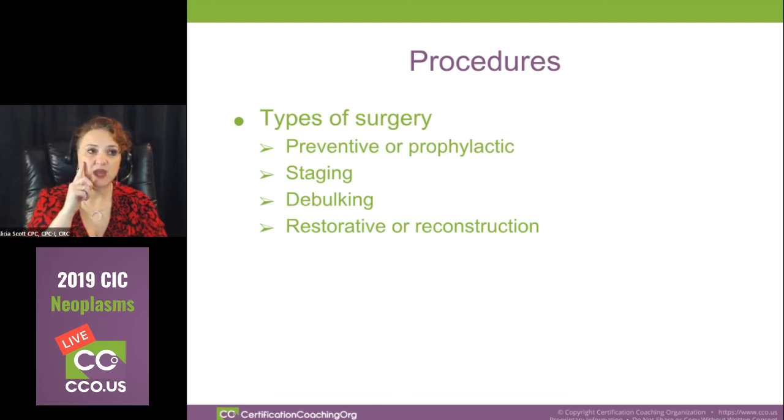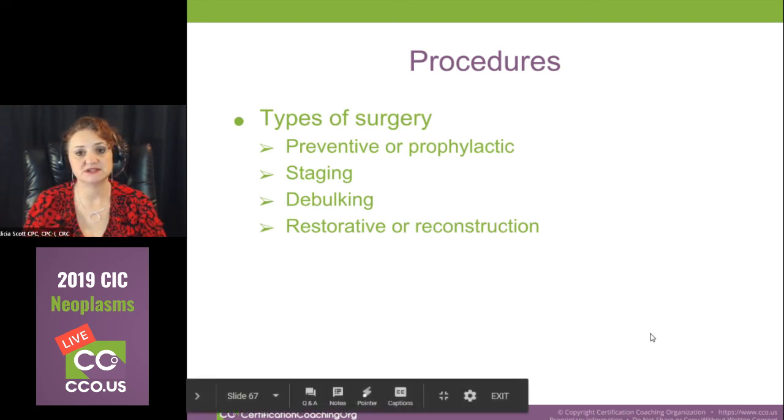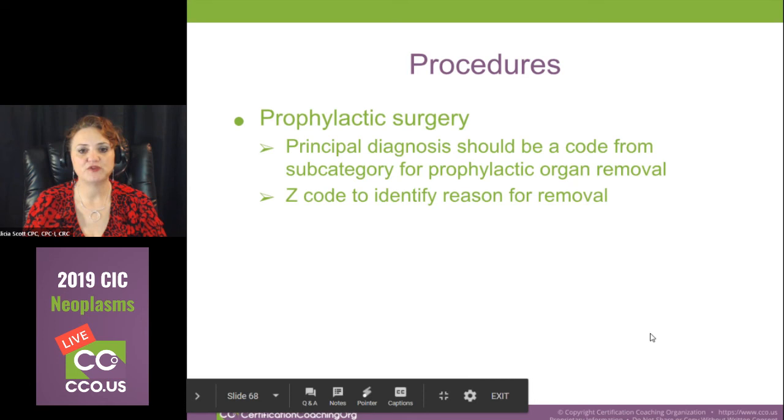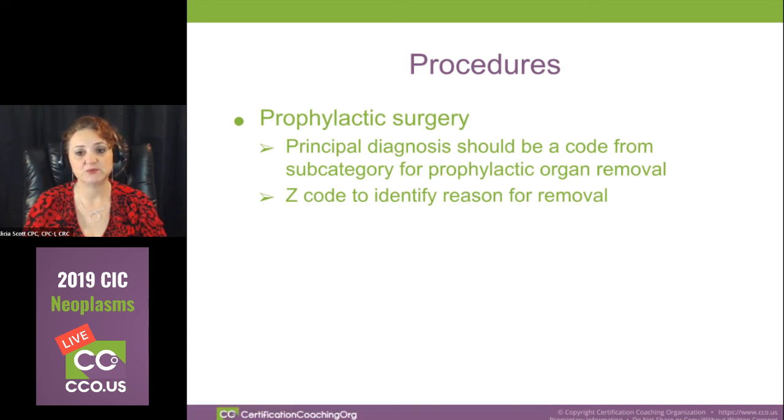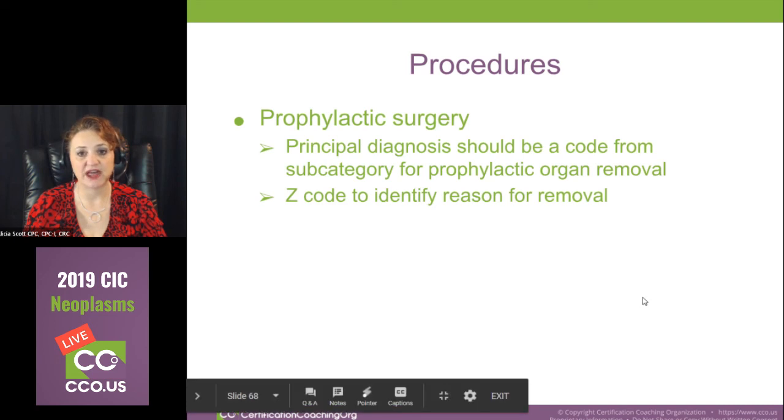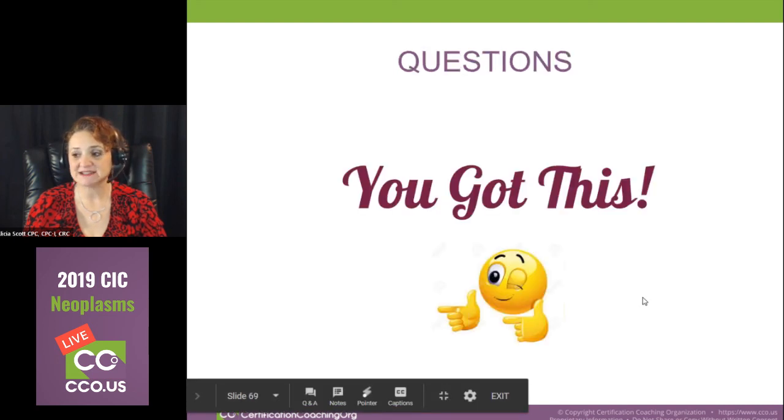So let's say my father had cancer, and if it was melanoma, they would have taken a massive hunk of his face, and then they would have created a flap and done reconstructive surgery at the same time. For prophylactic surgery, you're going to see Z codes to show that we removed something prophylactically. And that is it, guys.